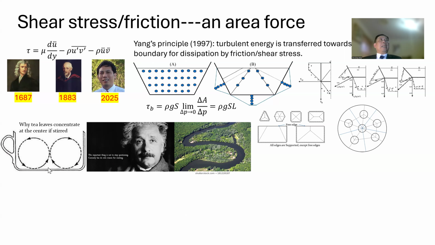And he asked the question, why? Without any experiment, he published a paper and drew these two circles, saying the tea leaves are transported by this secondary current, from here to the center, from here to the center. This is why tea leaves concentrate at the center.